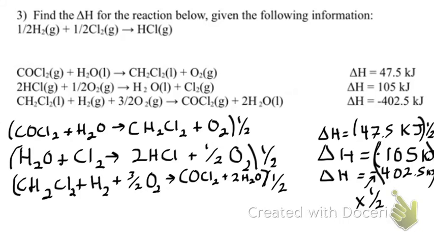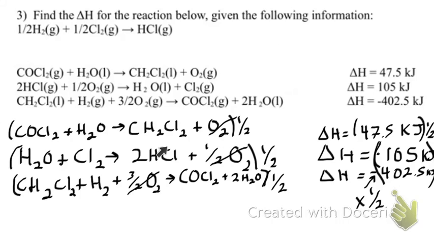Alright, so now it looks like we have 1/2 H2O here, 1/4 H2O here, so technically we have 2/4 and 1/4, so we've got 3/4 H2O over here, and if we multiply this by 1/2, we also have 3/4 H2O here, so that one gets crossed out, that one gets crossed out, that one gets crossed out.